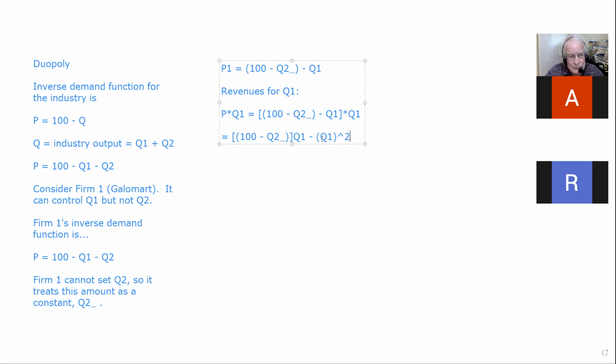Notice that you have a squared element for Q1. So now let's choose Q1 to maximize revenues.